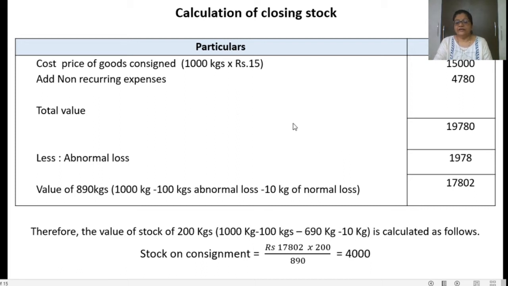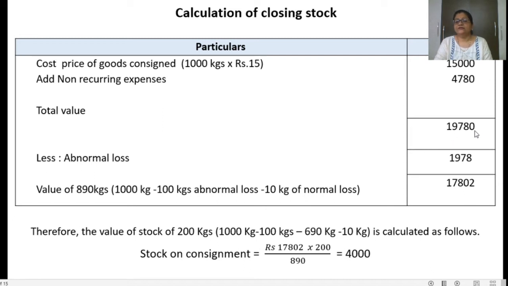So when you are making the calculation of closing stock, you have to see the cost price of goods consigned, total cost, that is 1000 kg into 15, so 15,000. Add non-recurring expenses, total expense for the consignor 4,780. So the total value comes to 19,780.